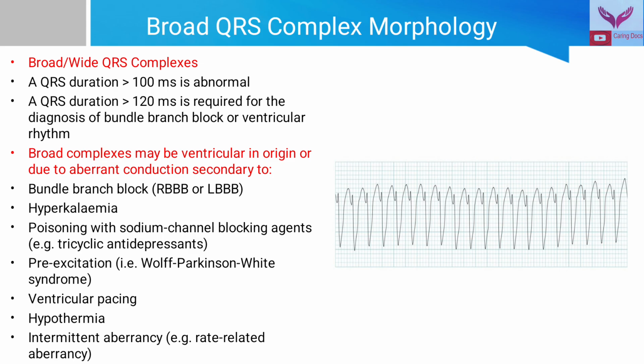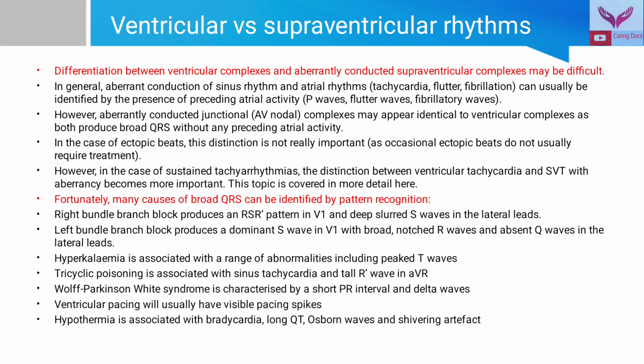The broad complexes may be ventricular in origin or due to aberrant conduction secondary to bundle branch block, or may be seen in hyperkalaemia, poisoning with sodium channel blocking agents like tricyclic antidepressant drugs, pre-excitation syndrome like Wolff-Parkinson-White syndrome, ventricular pacing, hypothermia, and intermittent aberrancy, that is rate related aberrancy.